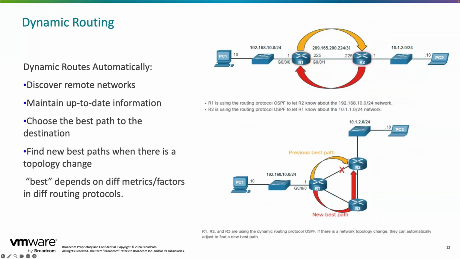So here's dynamic routing. You can see that no matter how many IP subnets you have and how complicated your network is, you can use a dynamic routing protocol to automatically learn the subnets, even very far away from you.